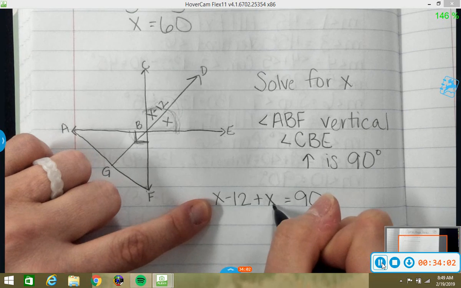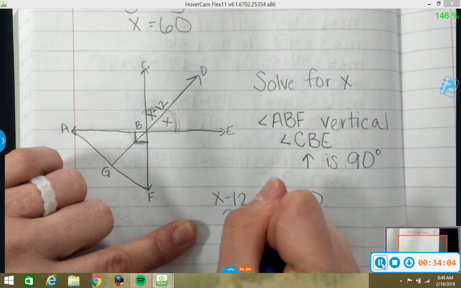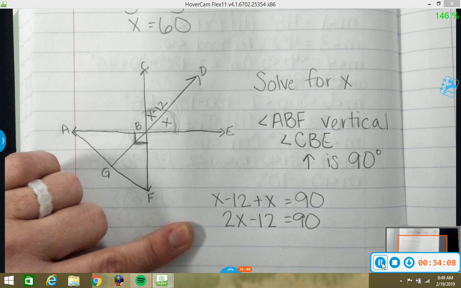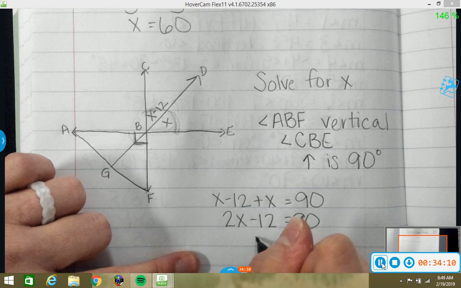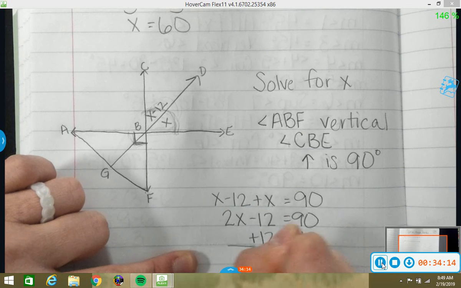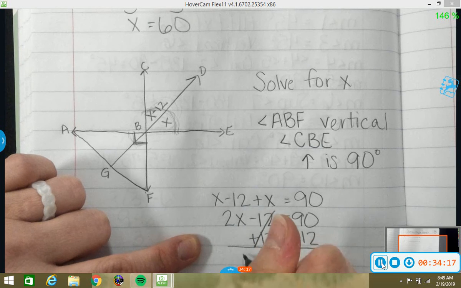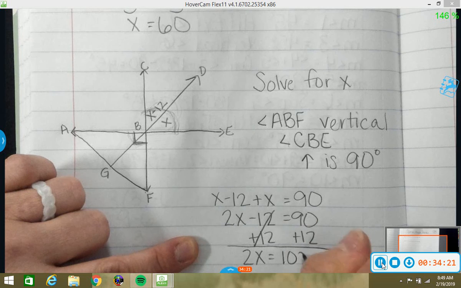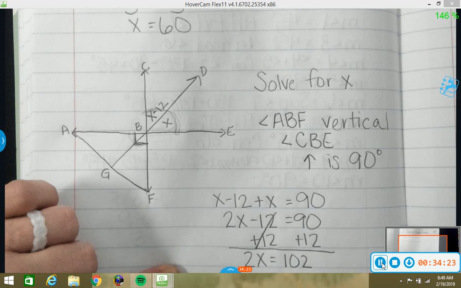x and x make 2x, minus 12. What do I do now? Add 12. You're left with 2x equals 102. Then what do you do?